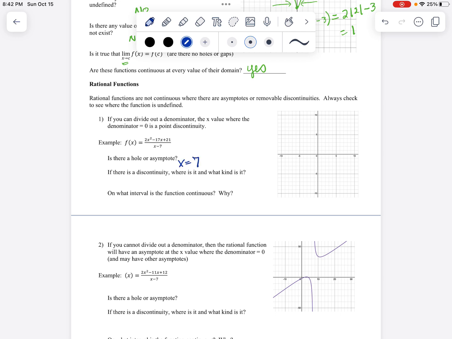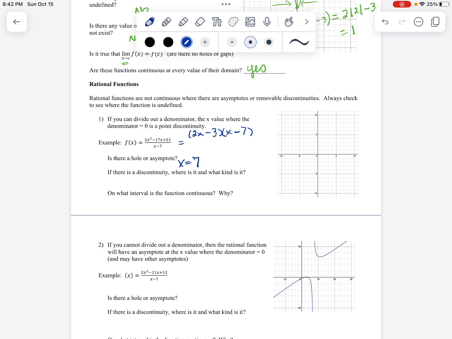Our question is, well, what kind of problem is it? And that totally depends on whether it's factorable. So I'm going to try to factor the numerator. 2x, x, and up top, minus 7 times 3 is 21.